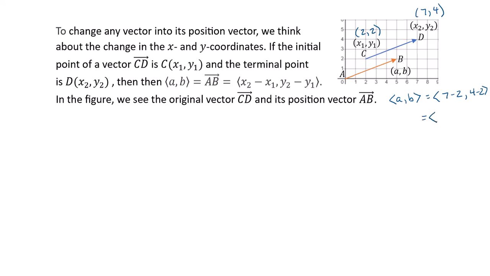So the position vector is going to be 5, 2. And you can see clearly that the vector has ended here in the position vector at the point (5, 2). So it's a nice way to reference vectors.